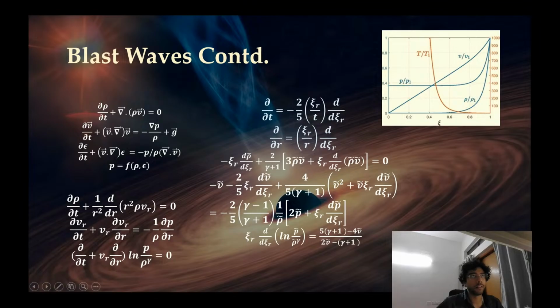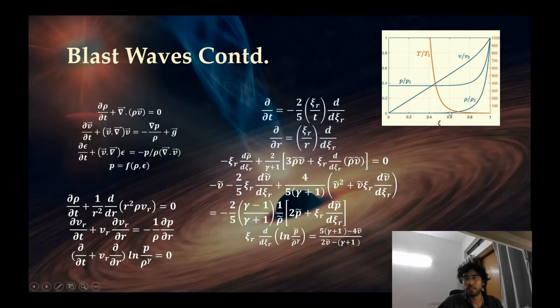On the top right corner is the solution that you get after you solve this. A couple of things to see: this is from xi equals 0 to 1, where xi equals 1 is where the shock front is. So this is inside the shock front.